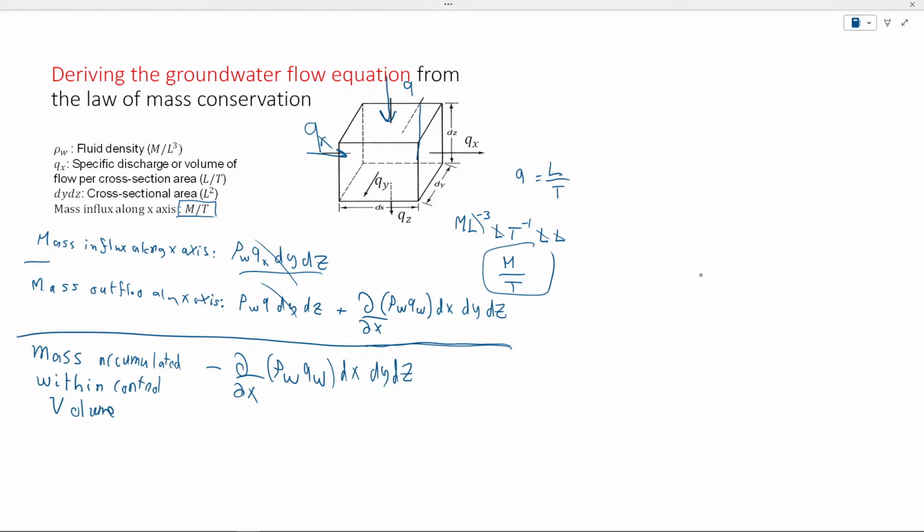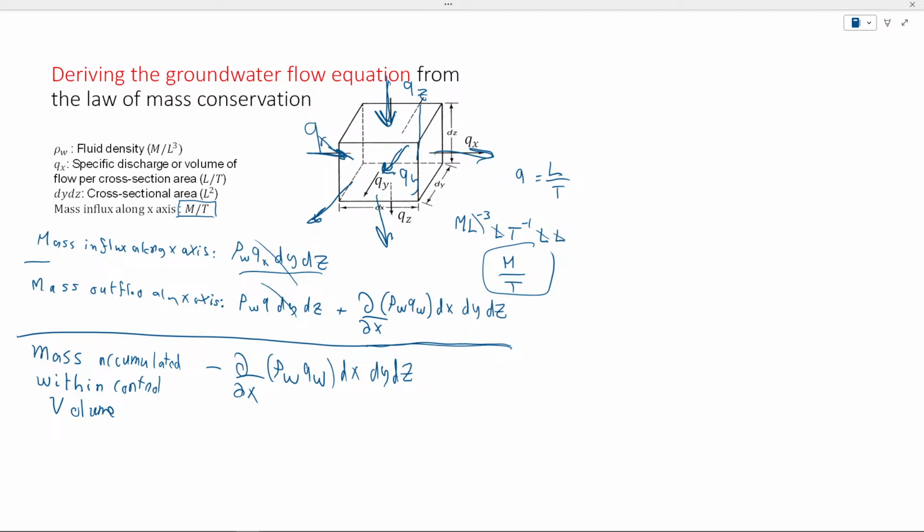I have qz, q that's coming from here, and I have qy, q that is coming from here. That's qy. So my total flux actually, what is coming in this volume, is not only coming from x, it's coming from x, it's coming from z, and it's coming from the y direction. Similarly, it's leaving from x, it's leaving from z, and it is leaving from the y direction.